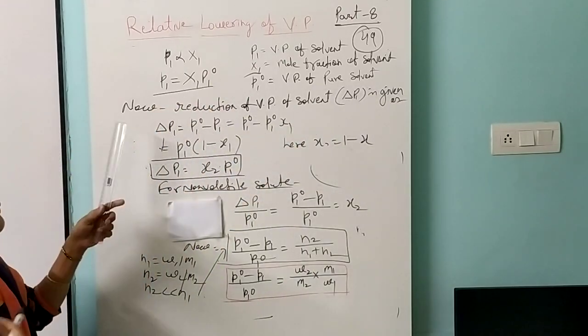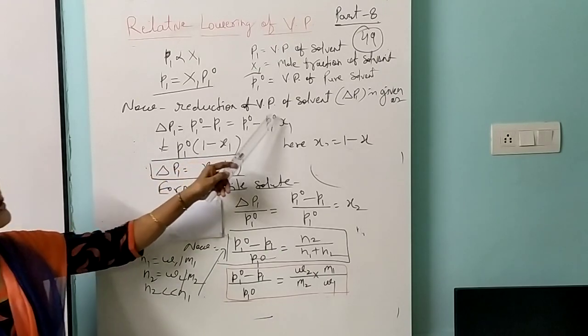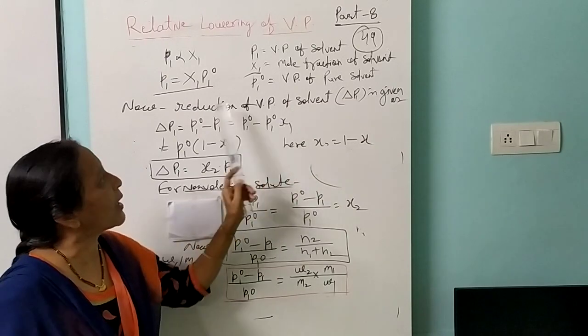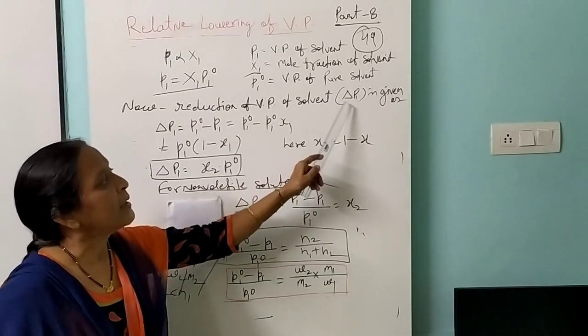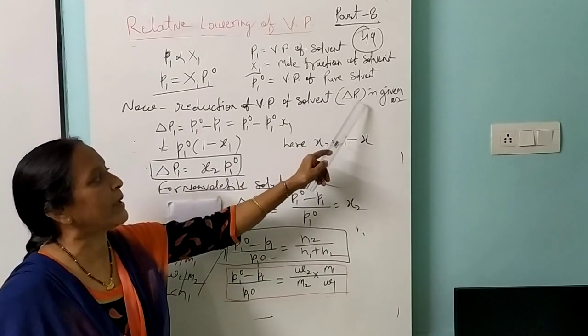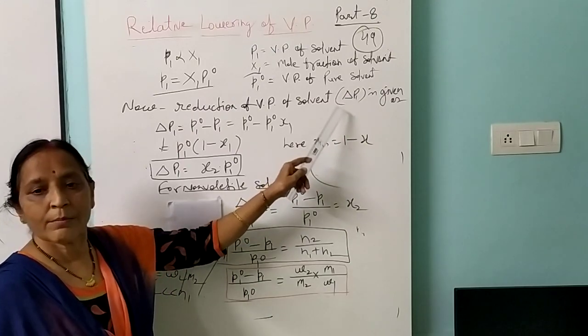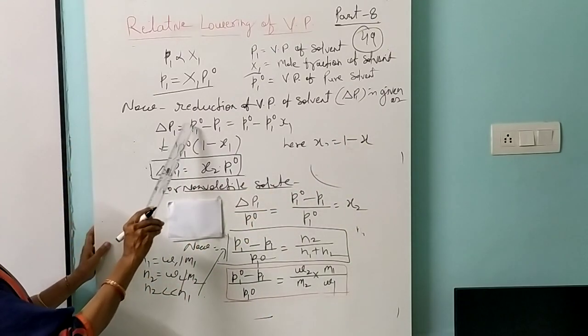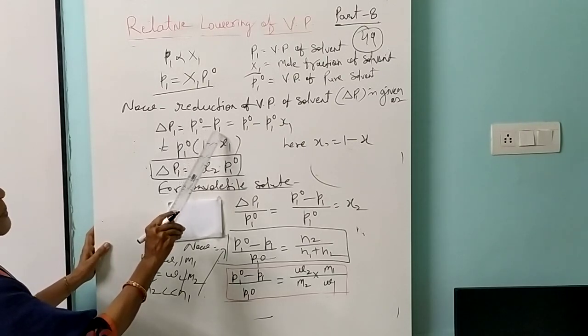Now the reduction of vapor pressure of solvent we can write as delta P1. So delta P1 is equal to P1 0 minus P1.